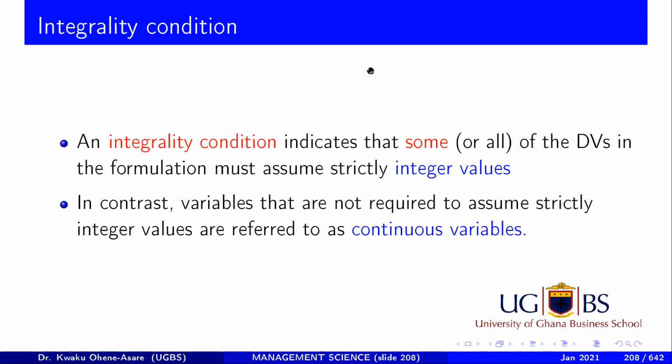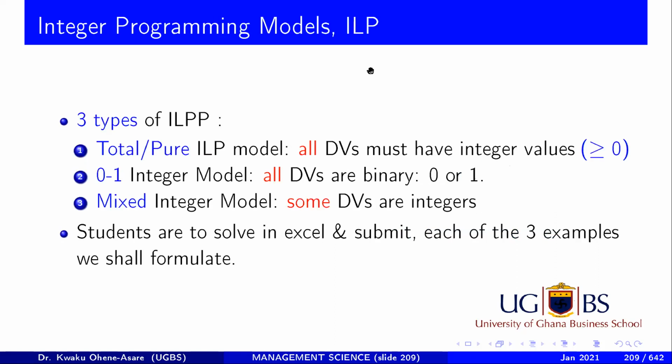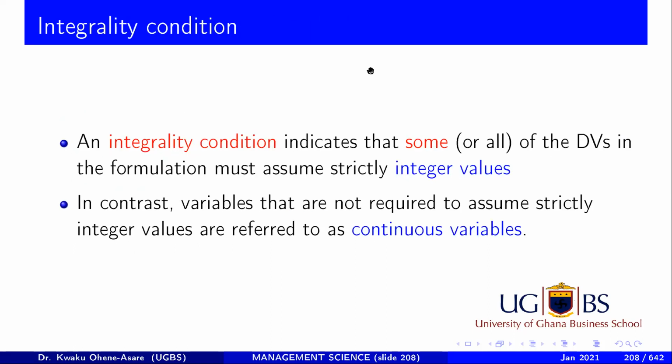When it is an integer, it could be that the model you are formulating has a portion being binary. A binary means that it can be 0 or 1, where 0 means is not there, and 1 means is there.